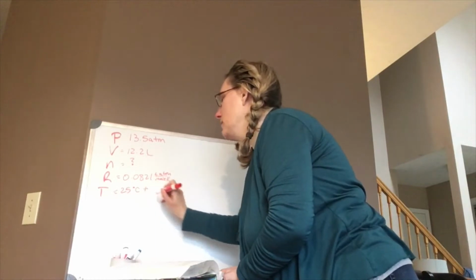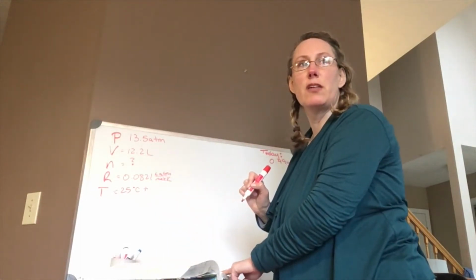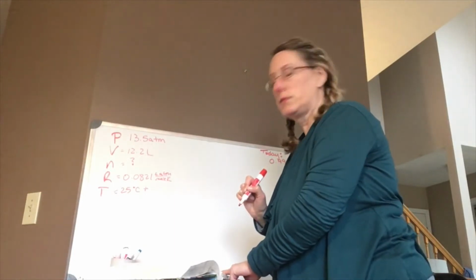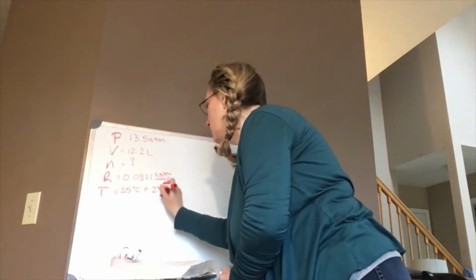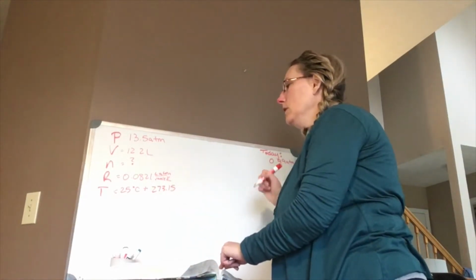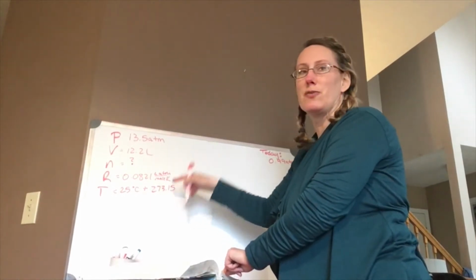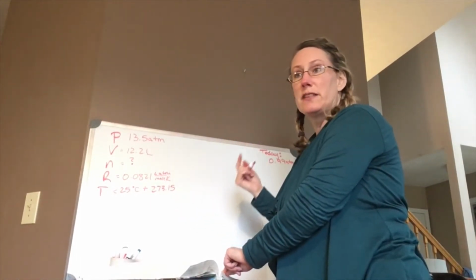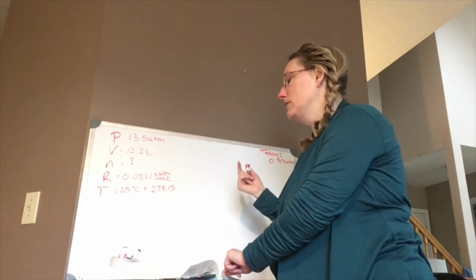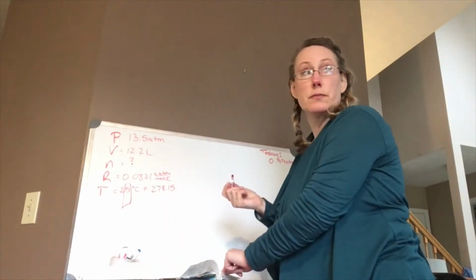So you're going to add, does anybody remember what to add to make Kelvin? 273.15. Very good, 273.15. Hi, welcome. So most of the time you don't have to remember the .15 because when you're adding and subtracting significant digits, you're going to round to the least significant place. So I'm going to get an answer there, right?